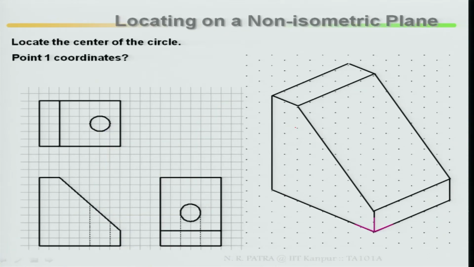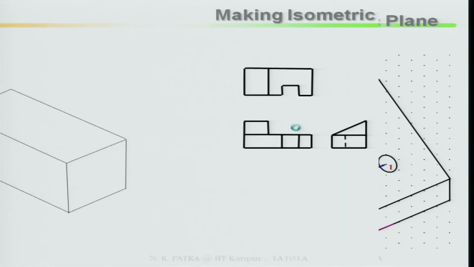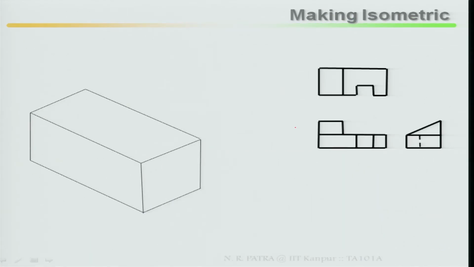This part also I completed in the last class, how to do a circle. This part also I have shown, making isometrics without locating the points. Once you start practicing locating the points one by one, then you have a visualization of how the isometric drawing has been drawn.